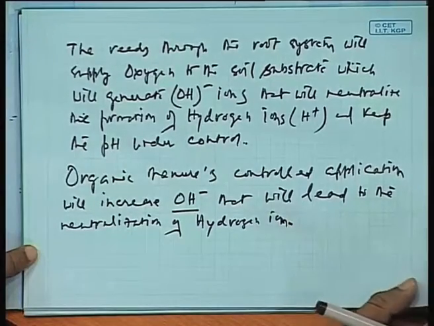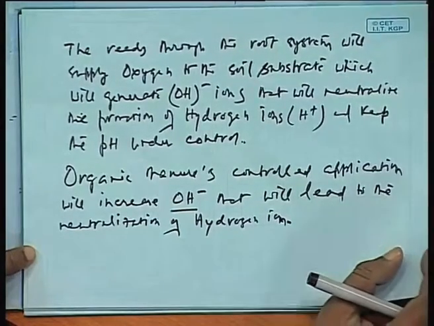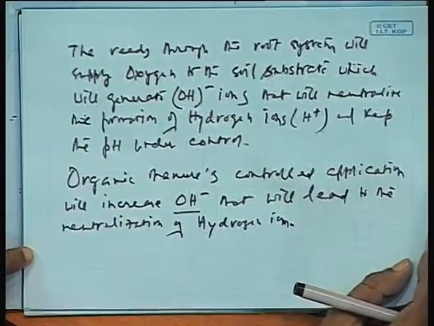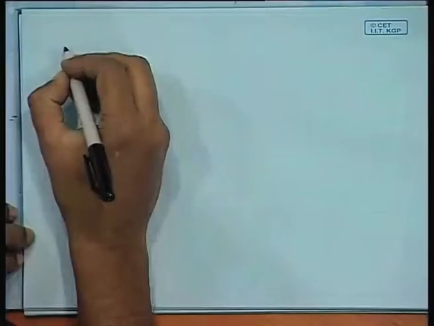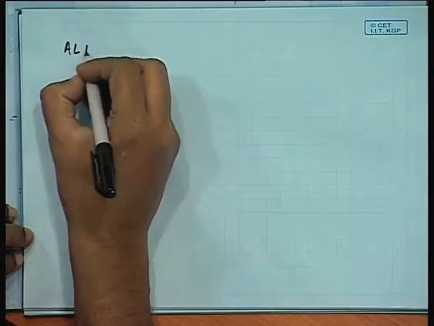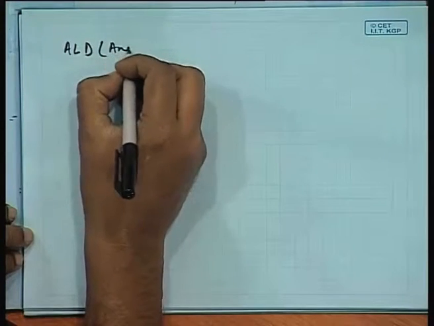So this is the aerobic wetland treatment method. The anoxic limestone drain, ALD, generally comes before this aerobic wetland treatment.